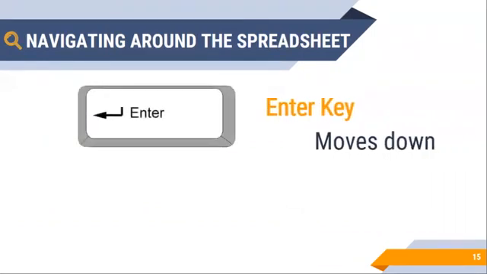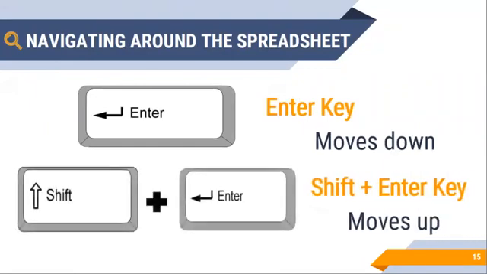In navigating or moving around the spreadsheet, you can click the Enter key to move the highlighted cell down, or you can click Shift-Enter to move the highlighted cell up.